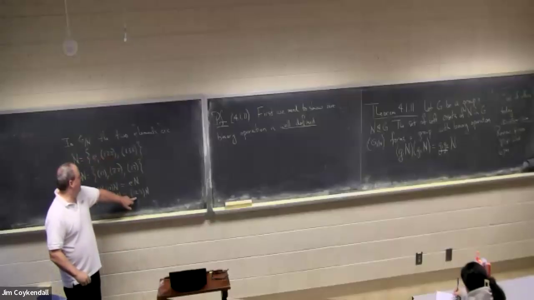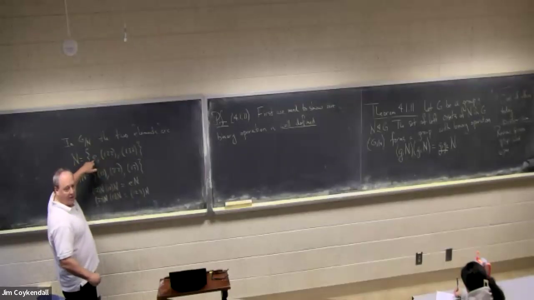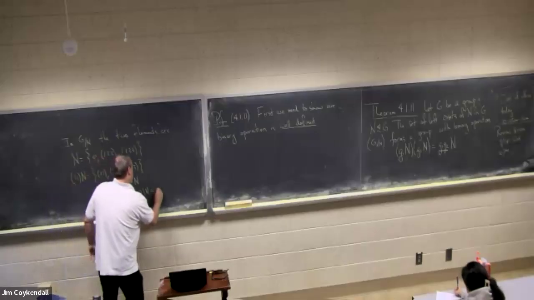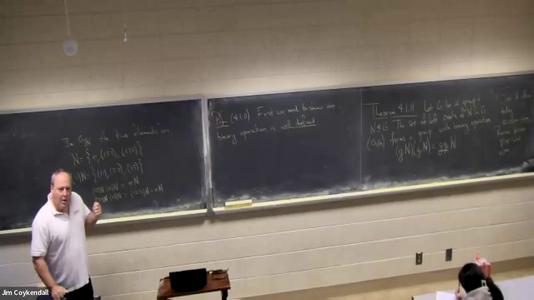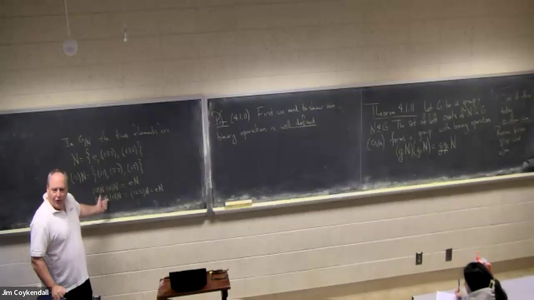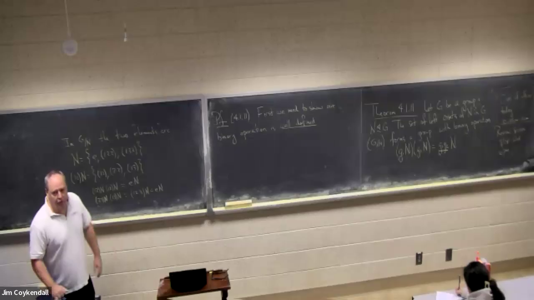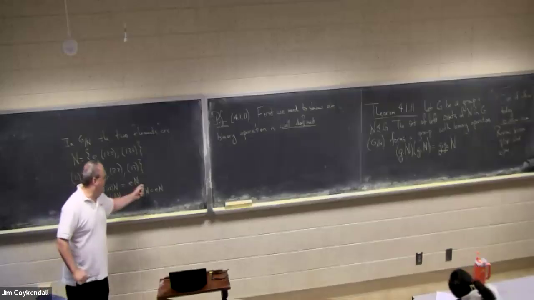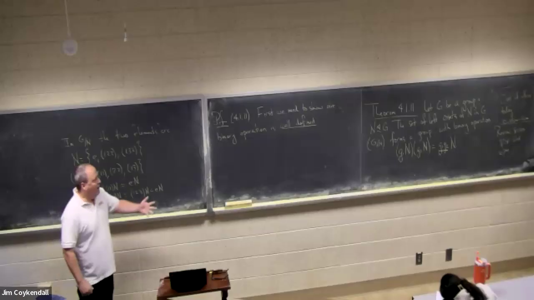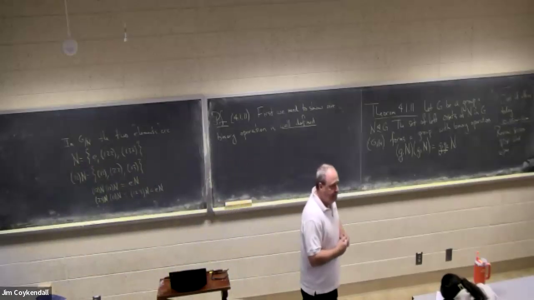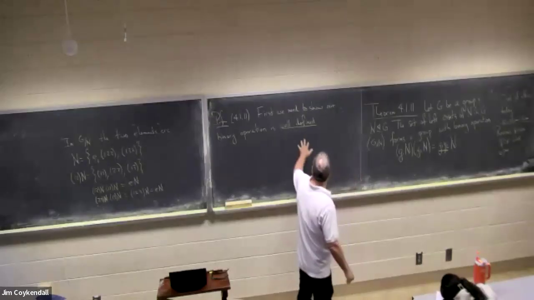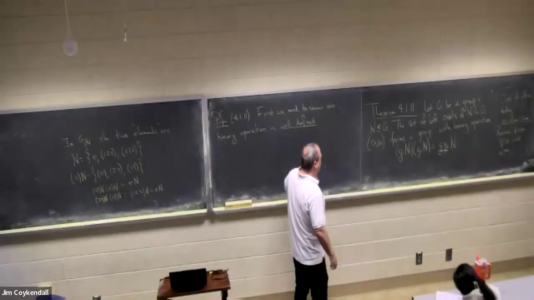But I'm good to go because 1, 2, 3 is still in the same coset as the identity. So we have to show that no matter what choices you make for the representative, whether a pair of 1, 2s, a 2, 3, or 1, 3, or anything you choose, you always get the same answer back. Otherwise, this operation makes no sense at all. It's not even a function, right? This is what I mean by we need to show this is well defined.